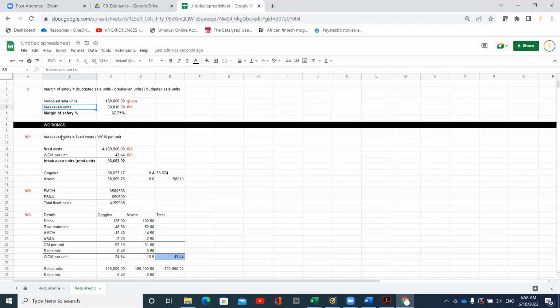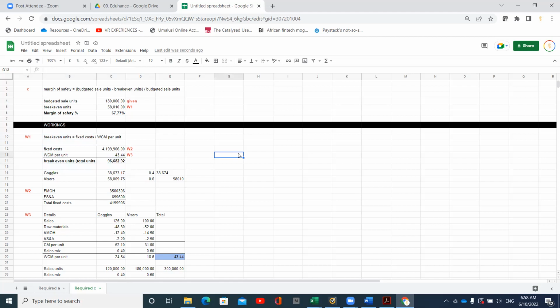So what is break-even? Fixed cost divided by contribution margin per unit. But I know we don't use contribution margin, we use a weighted contribution margin when there's more than one product. So then I needed to calculate fixed cost and weighted contribution. So this is where all the marks are lying, mainly in the weighted contribution calculation.